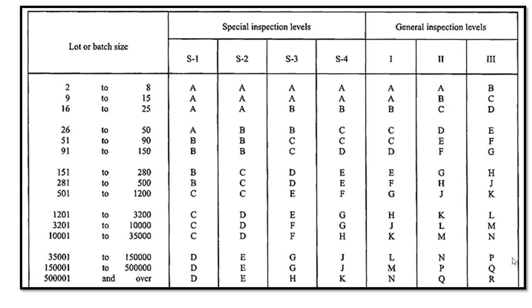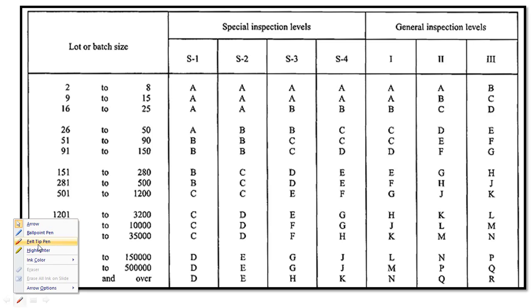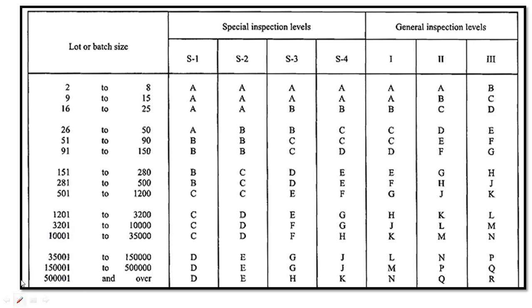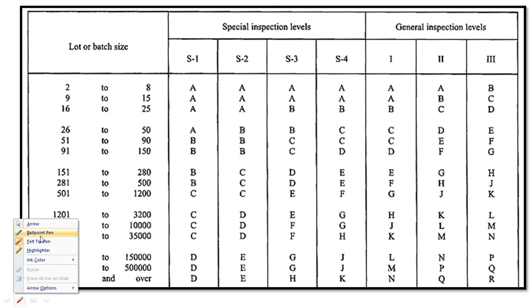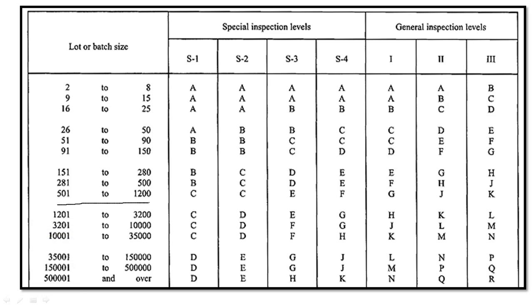So here in the example there is a lot of 800 products. 800 is in between this range. The inspection level is 2. So against this range there is the letter J here.